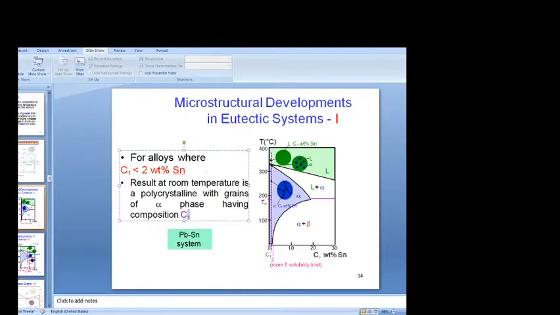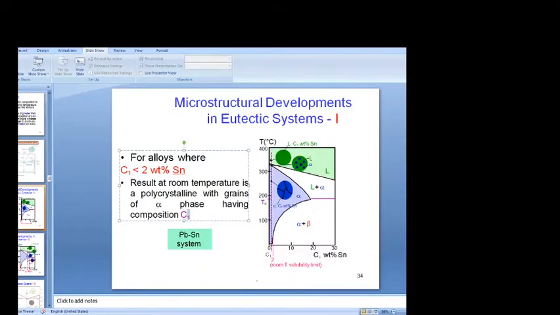The first case is for compositions ranging between a pure component and the maximum solid solubility for that component at room temperature, that is about 20 degrees centigrade, or 70 degrees Fahrenheit. For the lead and tin system, this includes lead rich alloys containing between 0 and about 2 weight percent, as you can see in the figure below. That is 2%, from 0 to 2%.